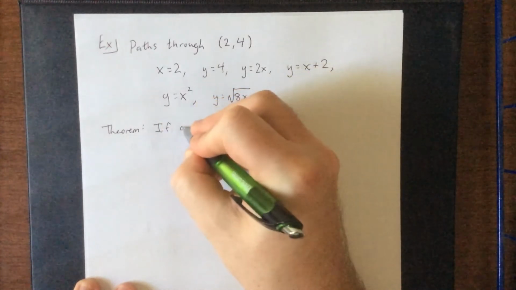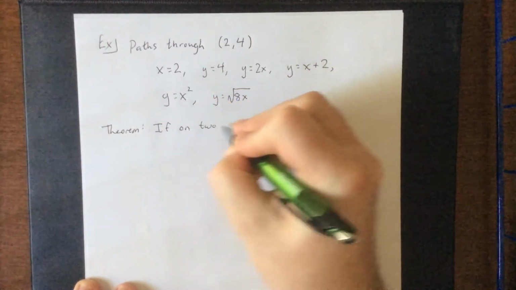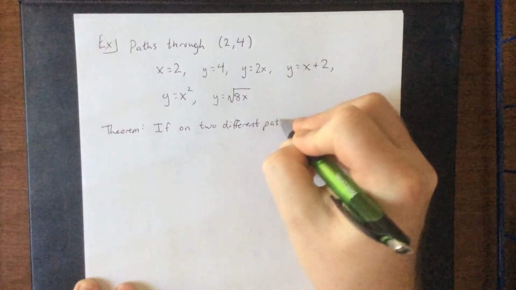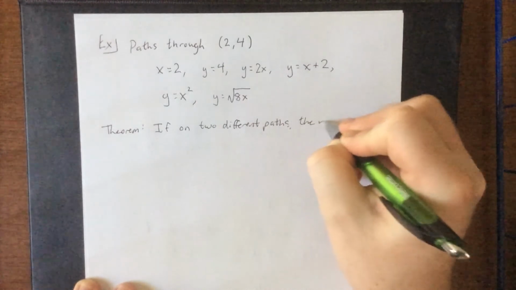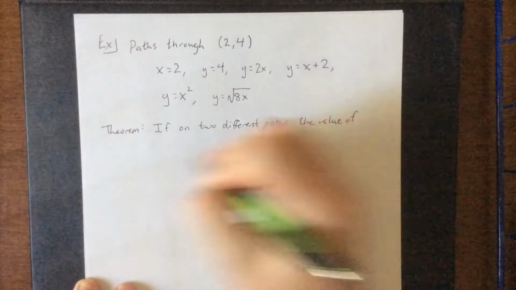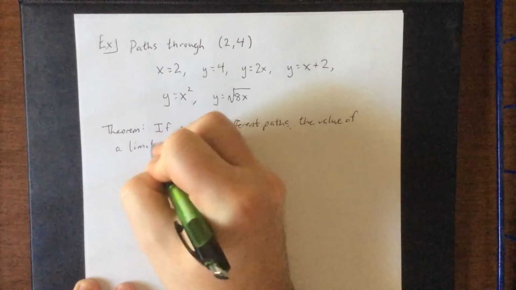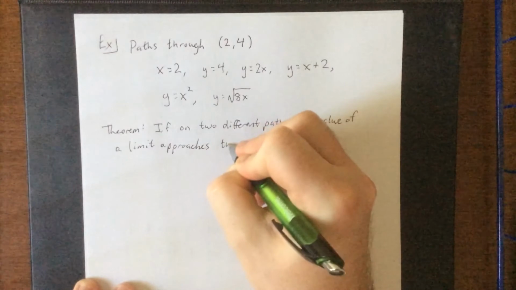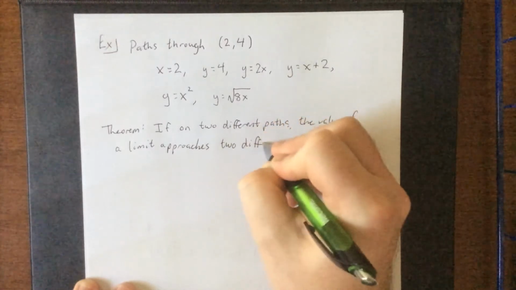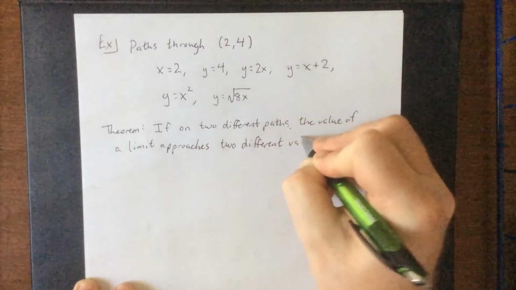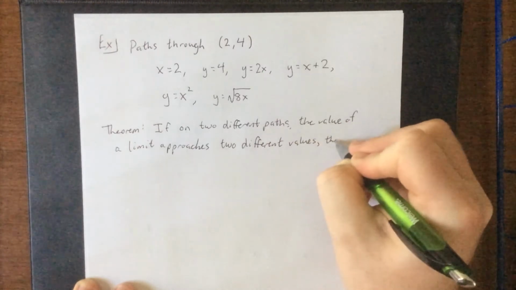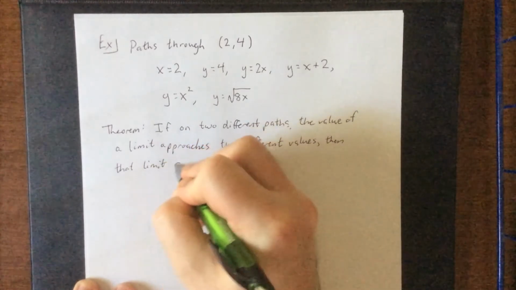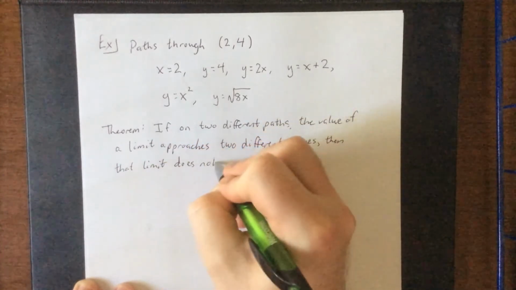If on two different paths the value of a limit approaches two different values, then that limit does not exist.